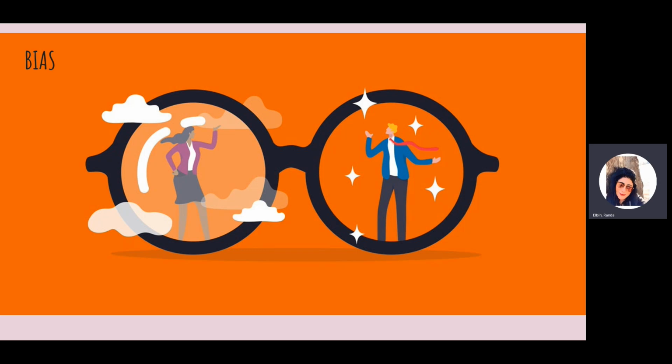A bias may be favorable or unfavorable, so it could be in favor of or against an idea. Sometimes people use the word prejudice to mean the same thing. So a person prefers an idea and possibly does not give equal chance to a different idea or different person. So that's a bias.